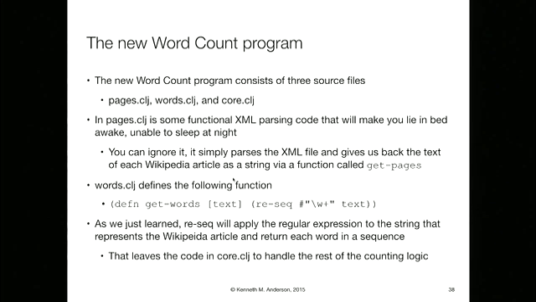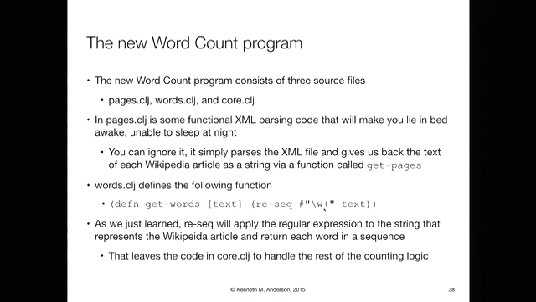And then in core.clj, words is the function that says once I have a page from the XML file, I need a sequence of words. And so we're just using the re-seq function that takes a regular expression and then gives me the lazy sequence of matches.